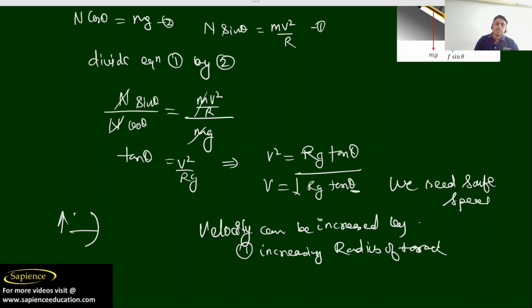See here, if it is a small radius, now you make a large radius track, so the velocity can be increased.